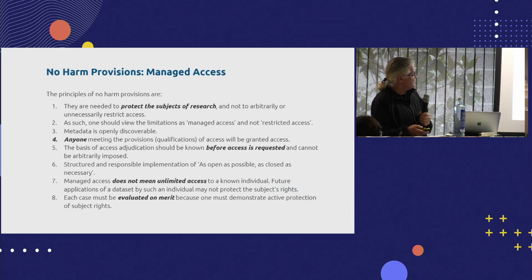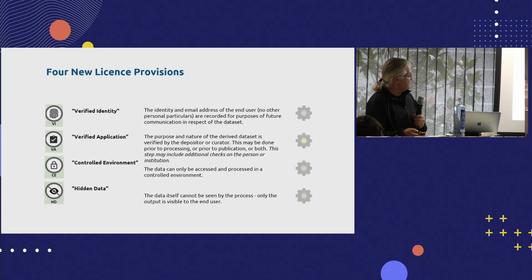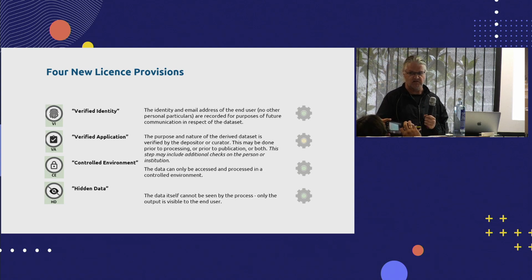And we developed these sets of principles that we want to include into what I would call no harm provisions. The main intent is to ensure that no harm comes to the subjects of the research that are in these data sets. So we've identified 4 new license provisions: to verify identity; to verify the application either before or after the outputs have been created, or in both instances; to process things only in a controlled environment; and then the very extreme case where the process can see the data, but humans that are working with it can only see the results and never see the data.